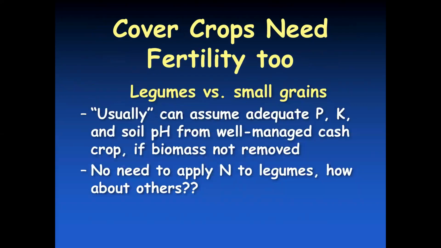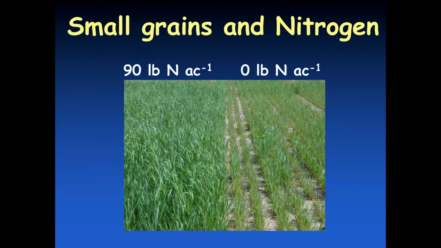But if there's no need to apply nitrogen to legumes, what about all the others? The grasses, the forbs, the brassicas, things like that. As you can see, there's a huge difference in this slide between a cereal grain that's had 90 pounds per acre of nitrogen applied to it versus no nitrogen.